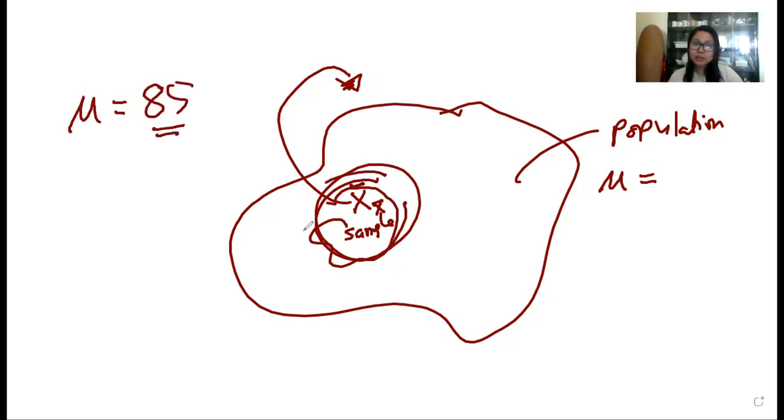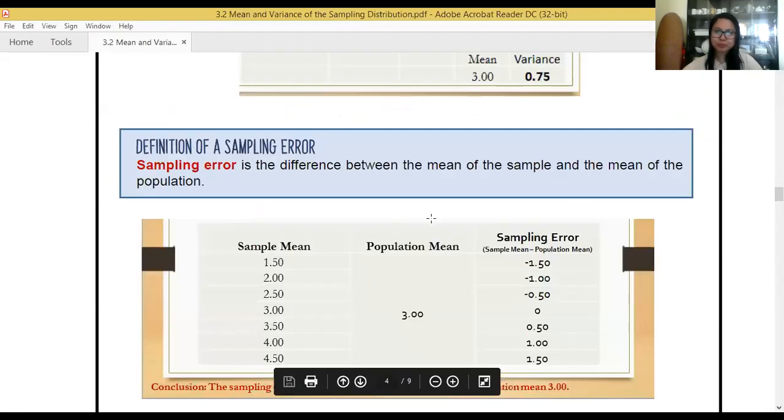But I only took the sample from MVCA. Not everybody had a chance to take the test. And it has a sample mean of 80. Now, what's the sampling error? It has an error of 5 points. That is where we need to have our sampling error.